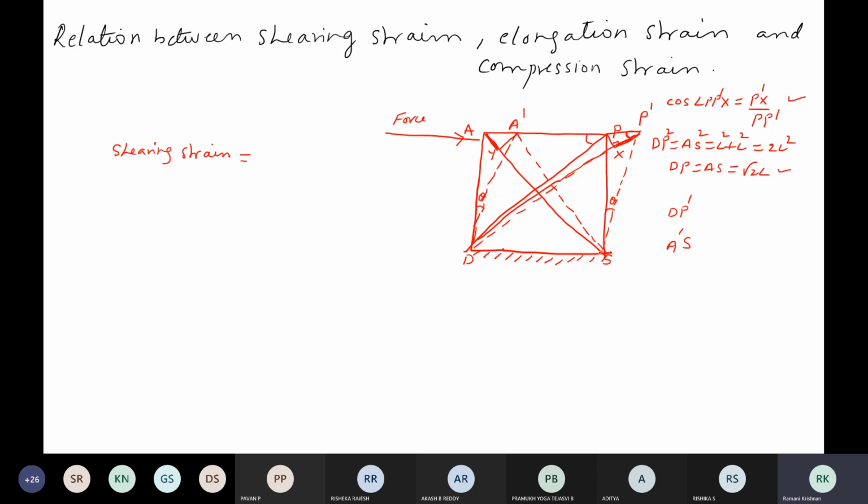It is producing compression strain along the diagonal AS, and also elongation strain along DP. So before deriving, we can see in this diagram what is the effect of theta. So this is equal to compression strain plus elongation strain. This much, do you get it, students?